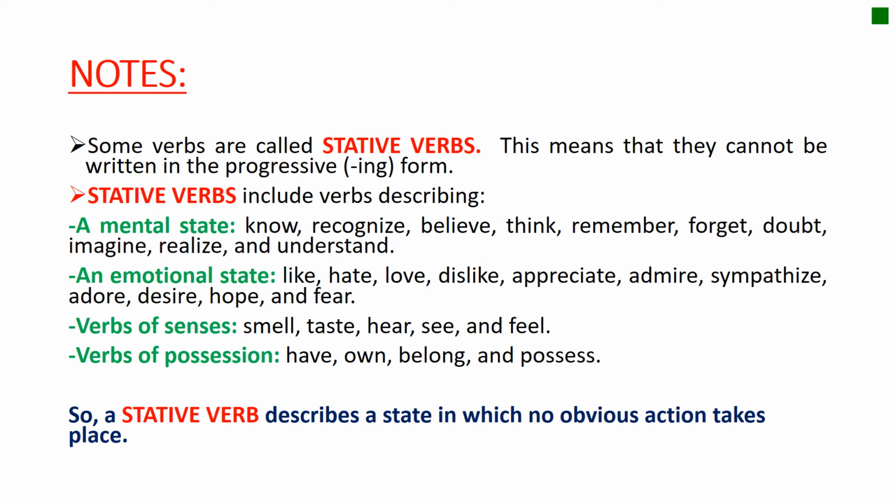So probably you would ask, so what if I cannot put those verbs in the ing form? What do I do? It's happening at the moment of speaking. If you cannot put them in the ing form, you simply use the simple present form. Okay? I am loving this music. Obviously, that's wrong, even if it's happening right now. I love this music. What did we use? We used the present simple form.